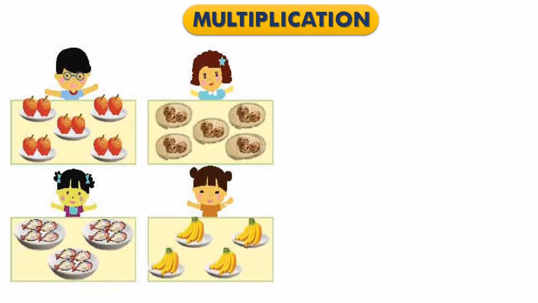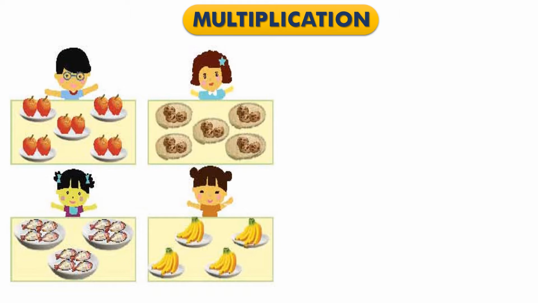If you look at them, you can see how many apples are there or how many potatoes are there. We can count them, but it is tough for us to count so many of them. That's why a new method of calculation has been invented, and this is known as multiplication. We will learn in detail about them.